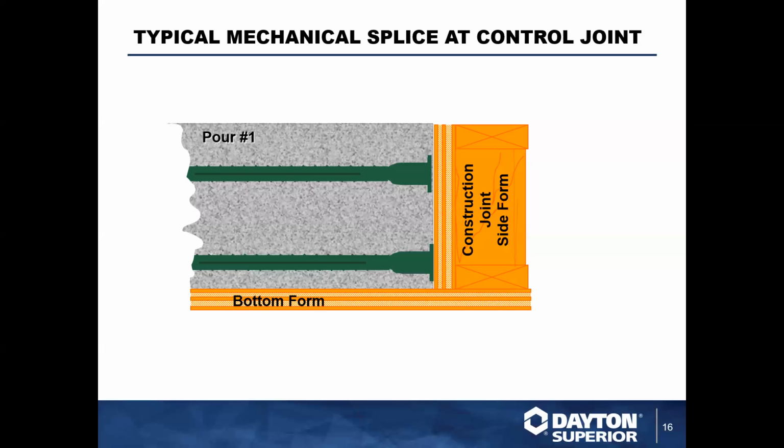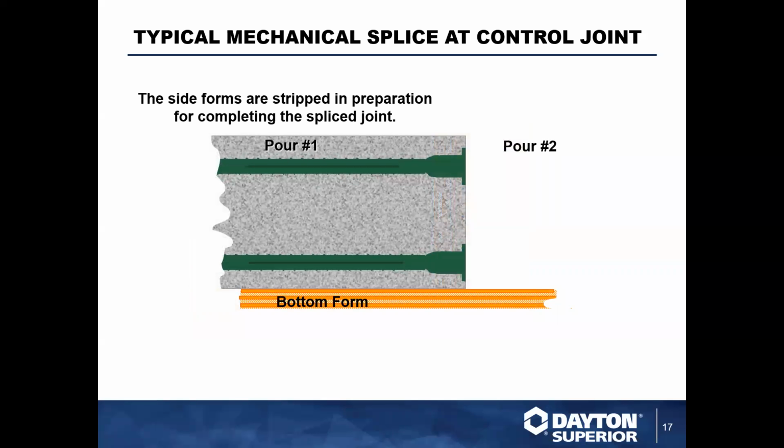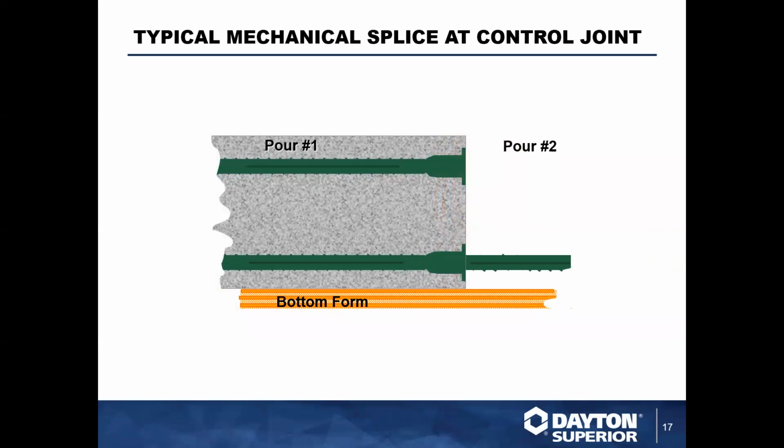You come back, pour your concrete, strip your formwork, and then you can thread your male section, your male bar, into the rebar. This now gives you a type 2 connection throughout that joint, so you maintain that rebar integrity through the joint.